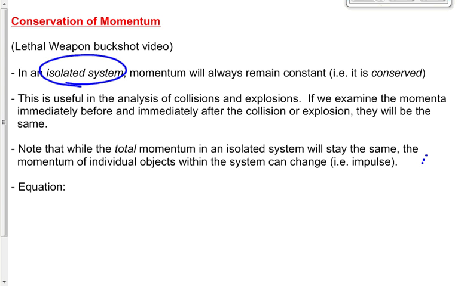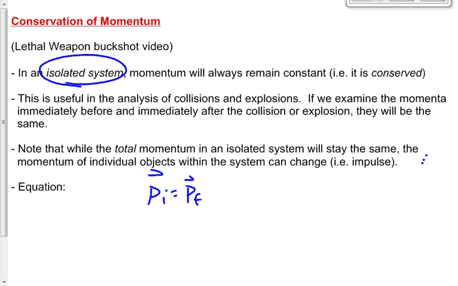How are we going to write this out? How are we going to mathematically state what we've just said here? The equation that we use to describe conservation of momentum is quite simply Pi equals Pf. Just like last year in Physics 20, we said conservation of energy was Ei equals Ef. Now, all we have to do to solve this is replace Pi with mv for every object that we have.